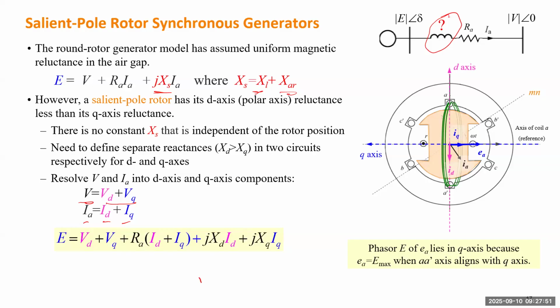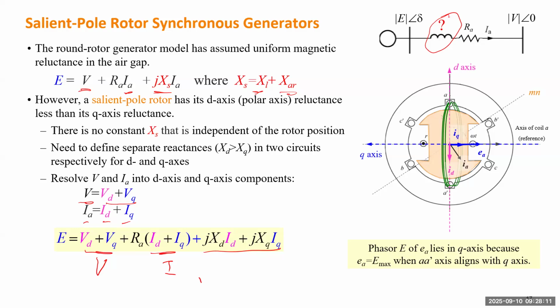All right, so next, this one is basically just V from the original formula, and this one is just I from the original formula. For the third component, because there's no constant singular reactance, we just assume there are two constant reactances.